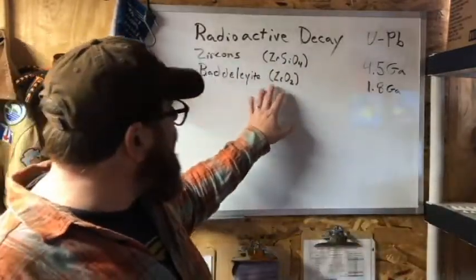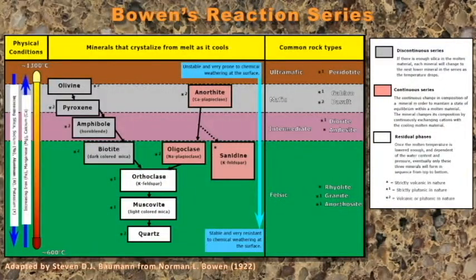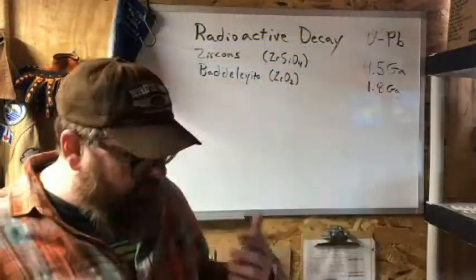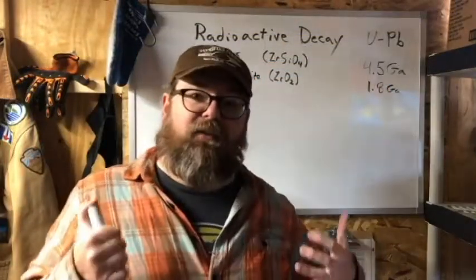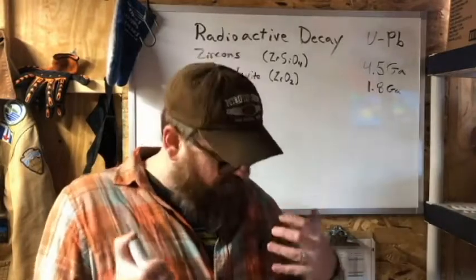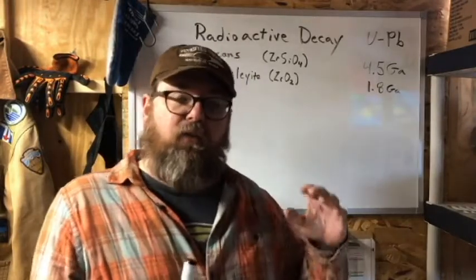So they are one of the first things to form, and that has to do with Bowen's reaction series, because as minerals form from a melt, well, we don't consider it a rock until it's in its solid final state after everything is crystallized, because there's gray areas.